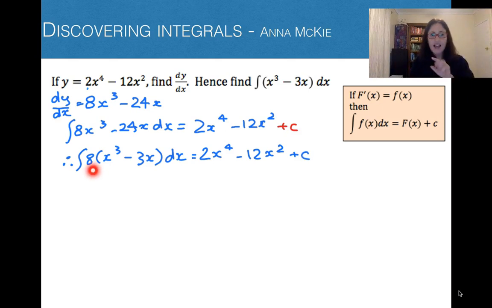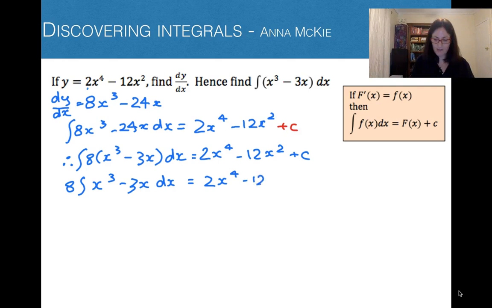Now the rule is that 8 can be moved out the front. So 8 on the other side of the integral sign. Note that I got lazy and dropped off my brackets. And the right hand side has not changed. Now we're getting closer to what the question's asking us. It wants the integral of this. Okay, well, we've got the integral there, but we've got this factor of 8.